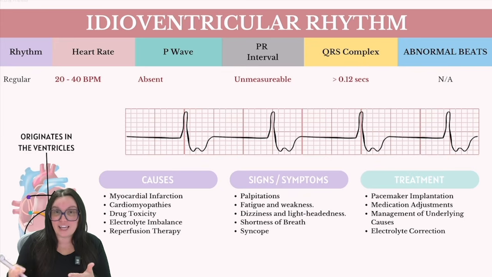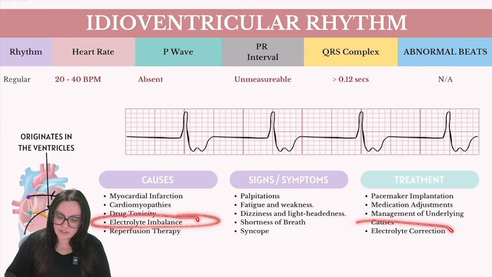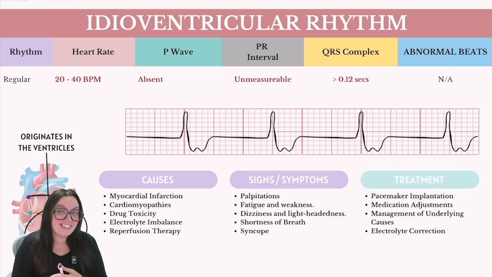If it is a medication issue, like we saw with drug toxicity, we could have some kind of medication management that's going to take place in adjusting those particular medications in order to prevent this from happening in the future. And then of course, if it's an electrolyte imbalance, we're going to start to correct those electrolyte imbalances in order to bring the heart back to its normal rhythm.